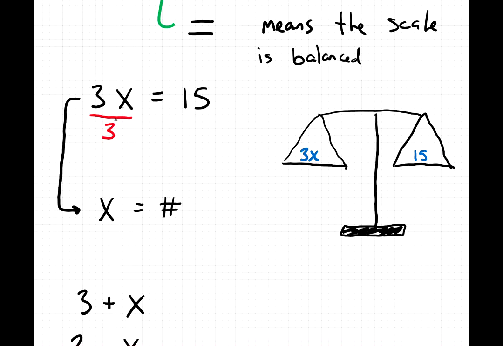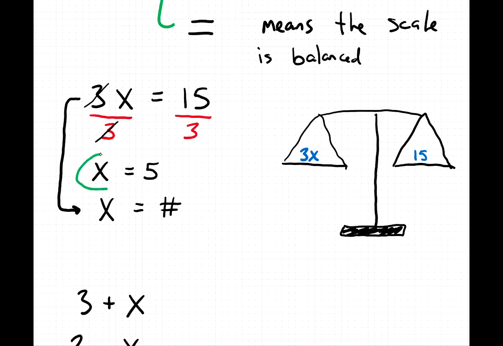But whatever we do to one side, we have to do to the other side. So then on the left-hand side, the times 3 and the divide by 3, they cancel. So the left-hand side simplifies to just x. And on the right, since we're doing the same thing, dividing by 3, 15 divided by 3 equals 5. And so that would be our answer.